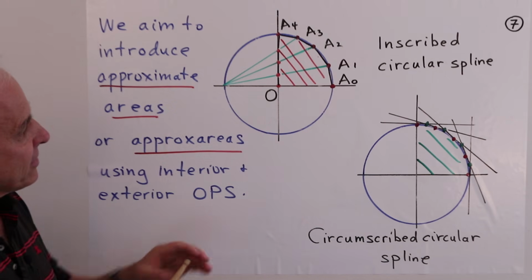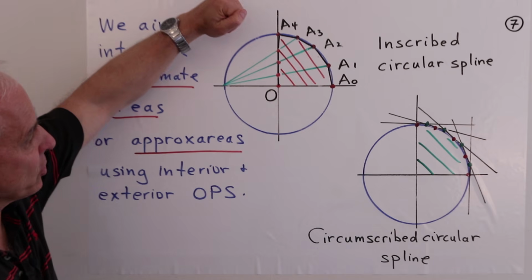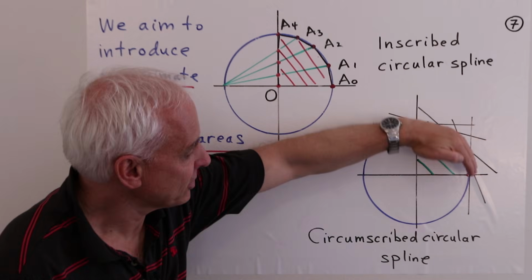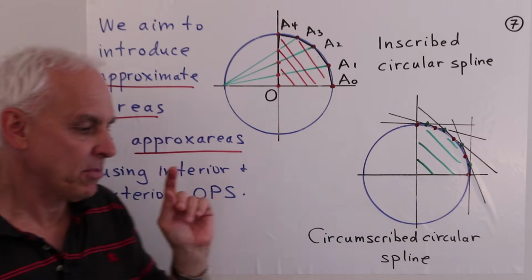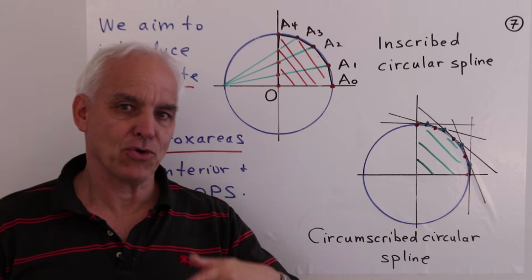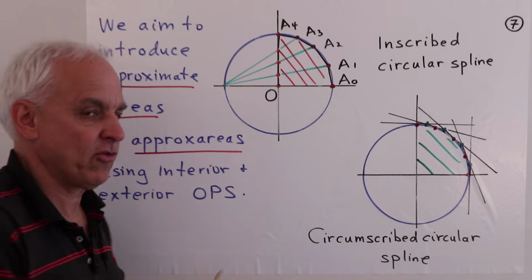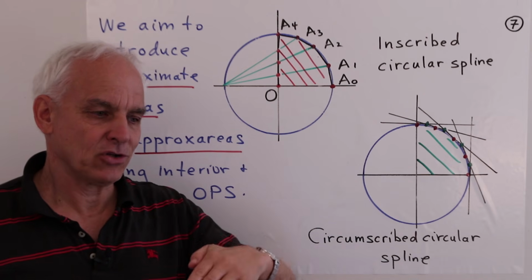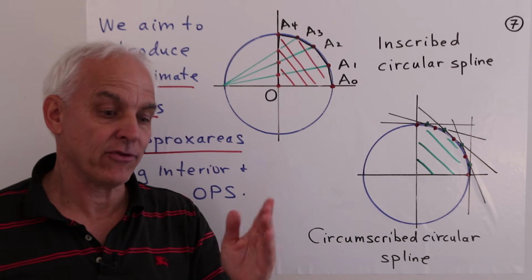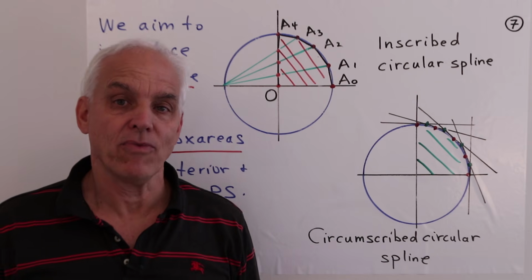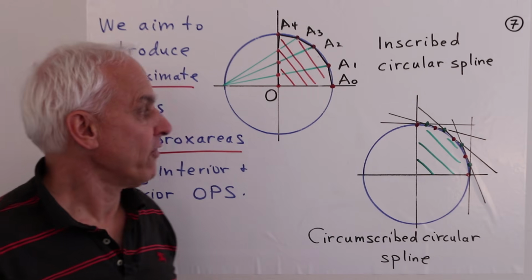So we're going to find inscribed circular splines and circumscribed circular splines, but it's going to be different from most of the historical precedents in that we're not going to look for regularly spaced ones. So we're not going to think in terms of angles and subdividing angles. Rather, we're going to think about what's called the rational parametrization of the circle.